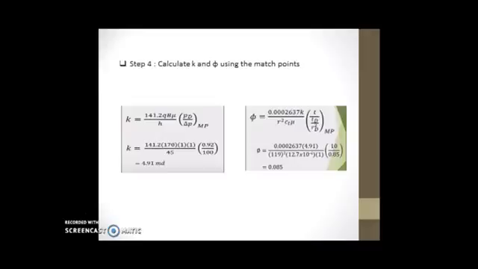Using the given permeability formula, you only need to put in every value and you will get the value of permeability equal to 4.991 mil-Darcy. Use this value to calculate the porosity using the following formula. Just put in all the values inside the formula and we get the value of porosity.